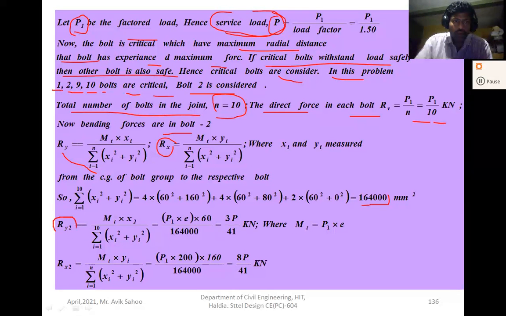Now MT is equal to P1 into E, where E is the eccentricity, which is 200 given. Now the value comes to 3P1 by 41, where MT is equal to P1E. Similarly Rx2 is also 8P1 by 41 kilonewton.